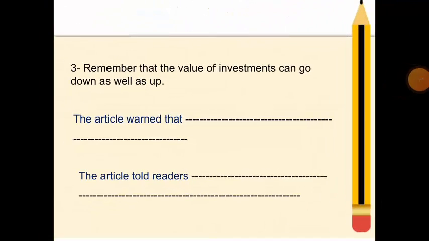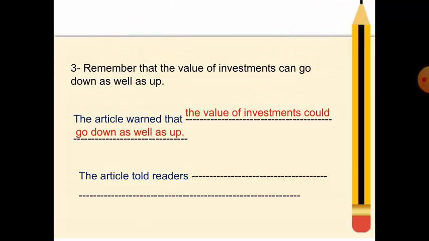Number 3, remember that the value of investments can go down as well as up. The article warned that the value of investments could go down as well as up. Of course I identified the structure we used: subject, the value of investments, and here we changed can to could.